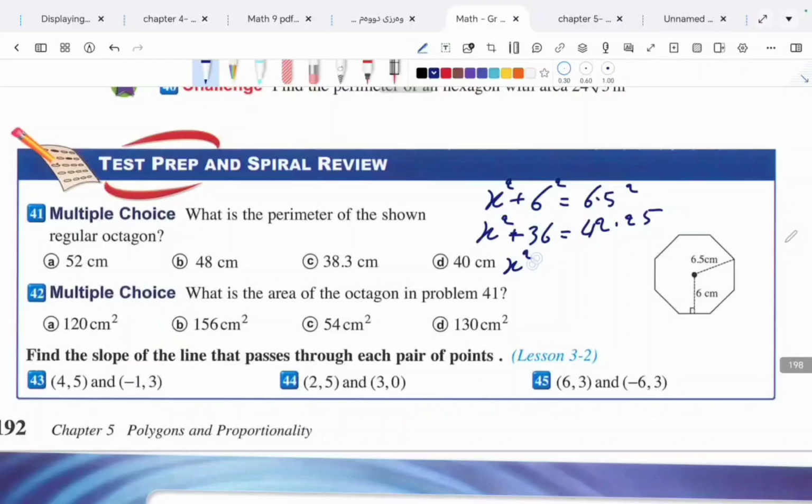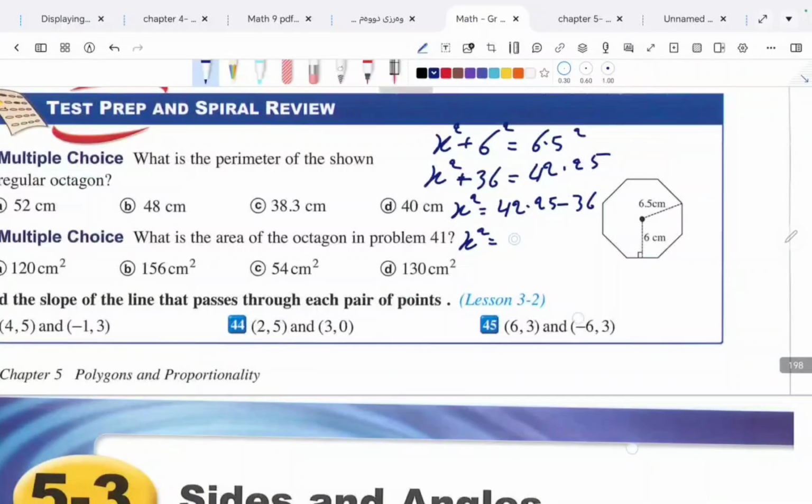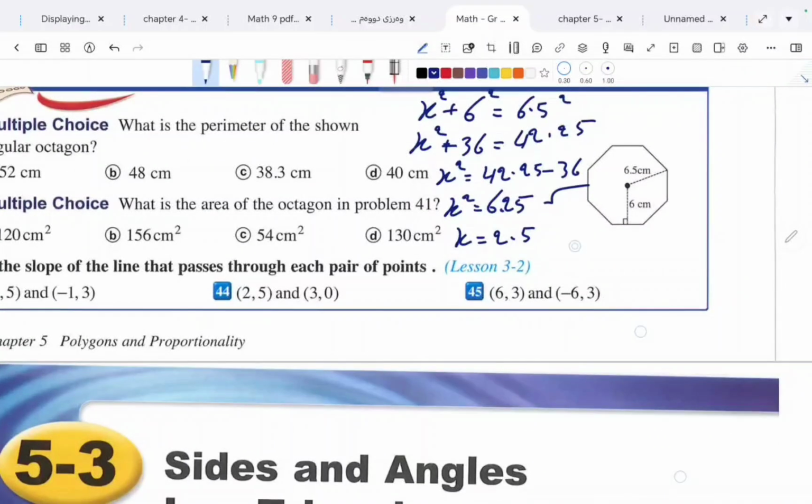So x power 2 equals, move 36 to the other side, so it will be minus 36. x power 2 equals 6.25. Take the square root of each side. x equals 2.5. So the side length is 2 times 2.5, which equals 5.